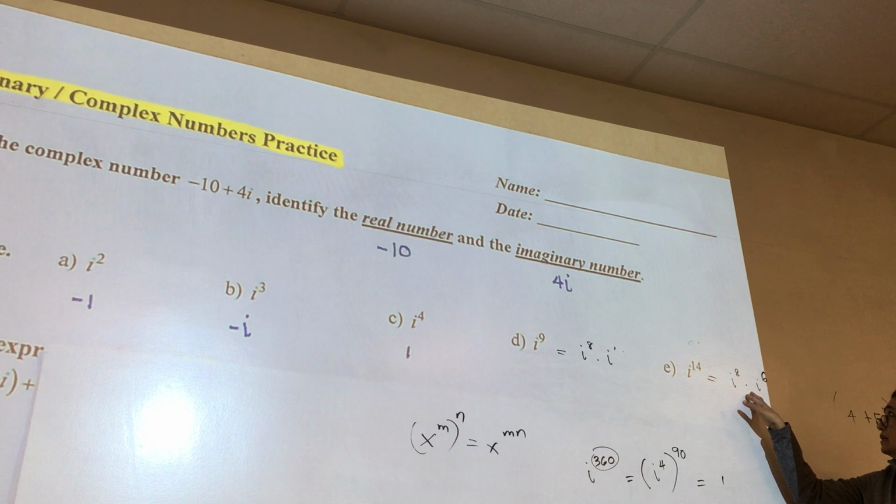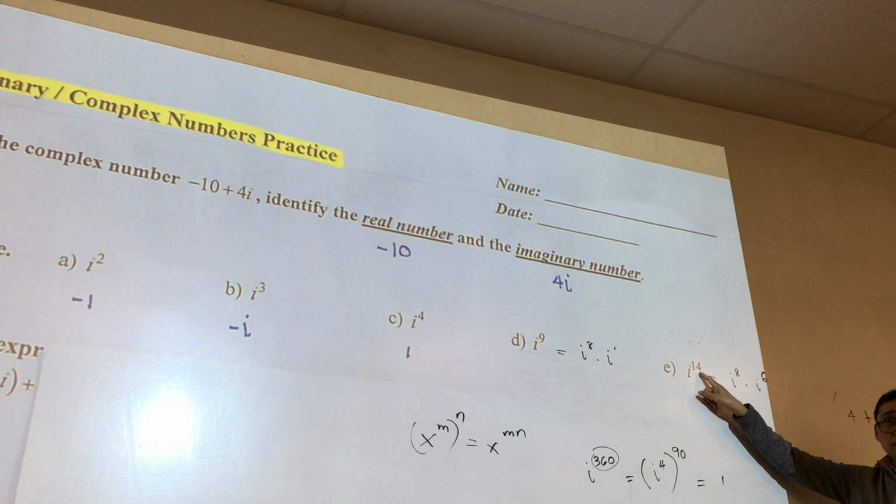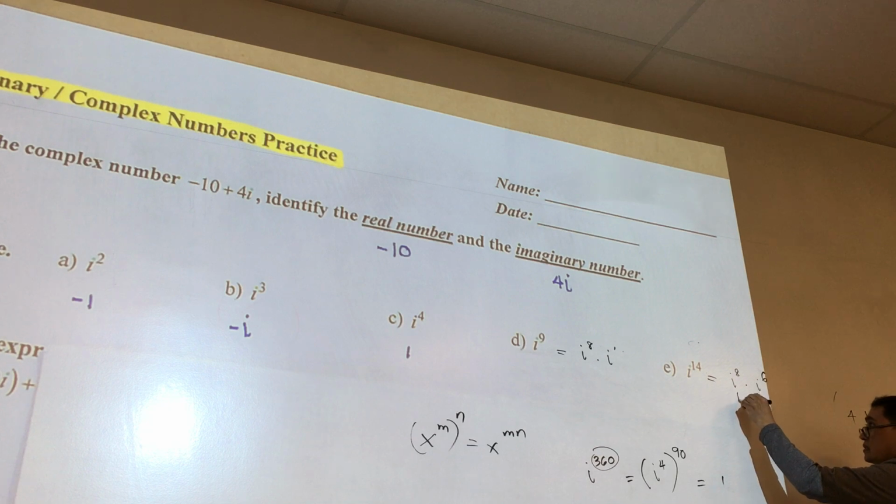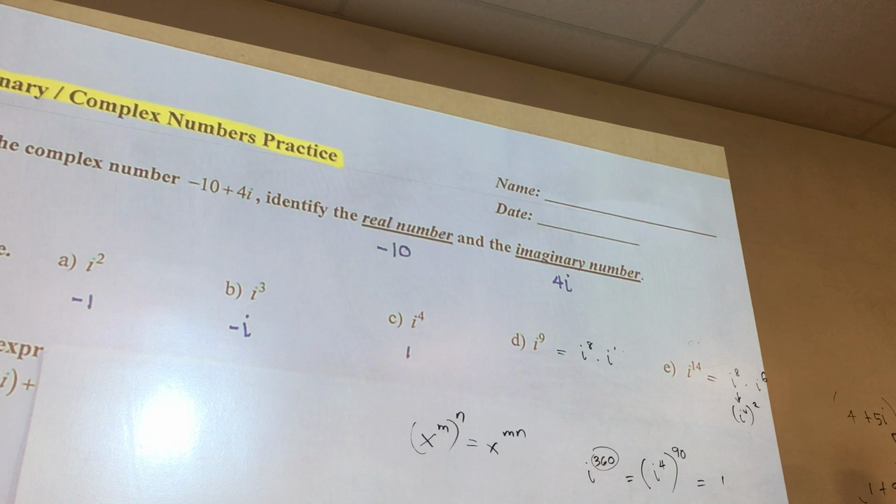Some people are wondering, where are we getting those numbers? You split 14, right? Again, there are multiple ways of doing this one. Isn't it this one is the same thing as i to the 4th to the 2nd? Yes or no? Yeah. All right. Isn't it this one is i squared to the 3rd? Yes or no? I'm just showing you a different way.